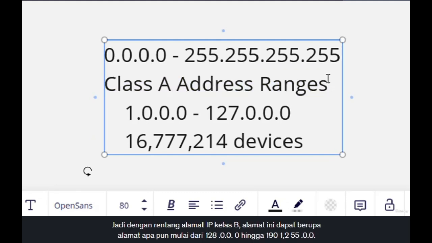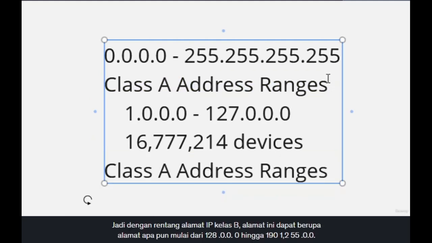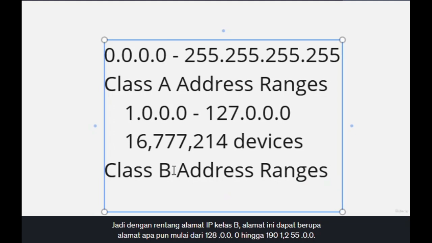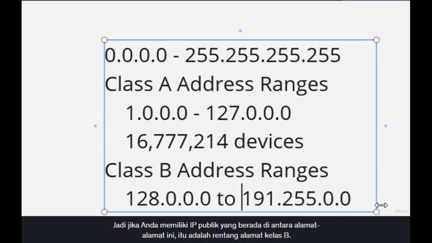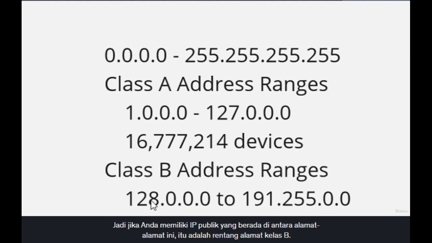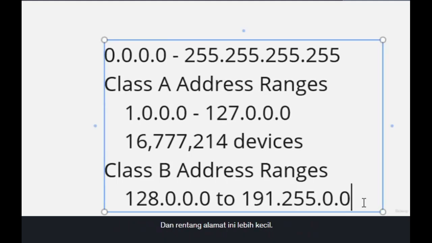And so with a Class B IP address range, this can be any address from 128.0.0.0 to 191.255.0.0. So if you have a public IP that falls between these addresses, that's a Class B address range. And these address ranges are smaller.